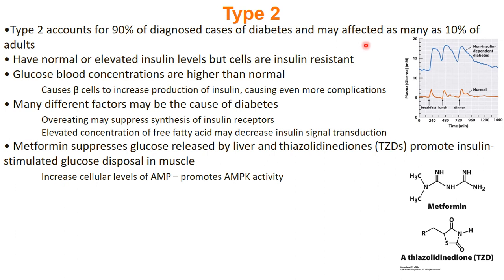The much more common form of diabetes is type 2, and this is 90% of all cases of diabetes, and roughly 10% of adults may have this. And that's where you have normal or elevated insulin, but your cells don't recognize that insulin is being released. They are insulin resistant.